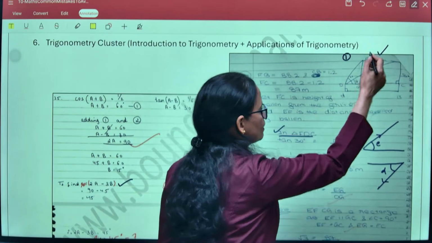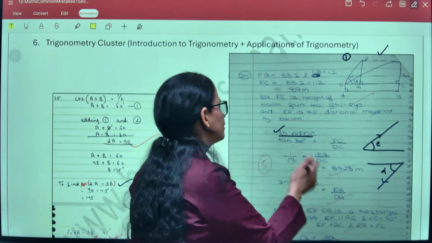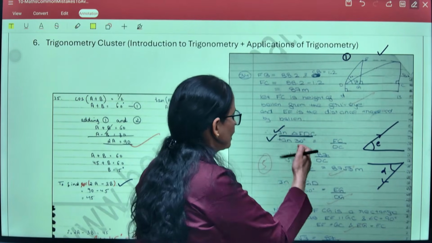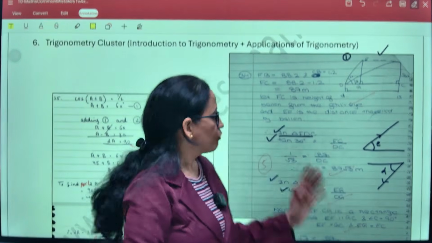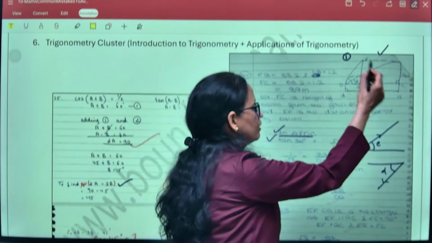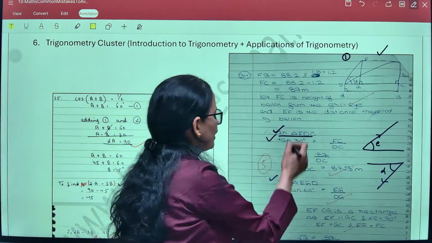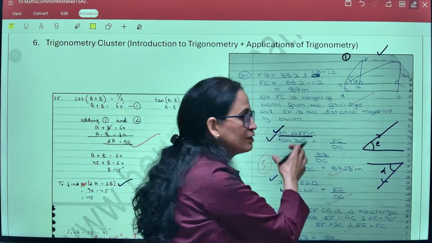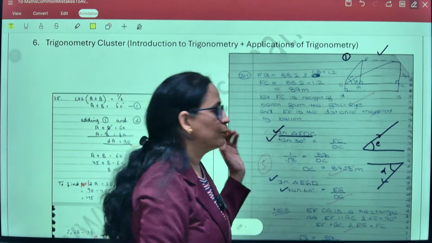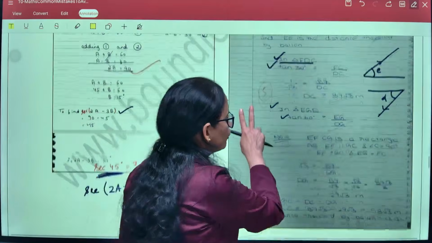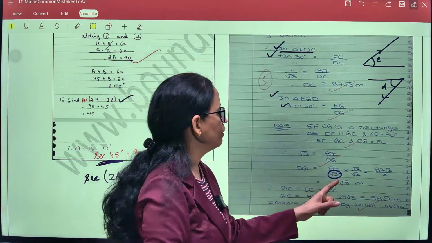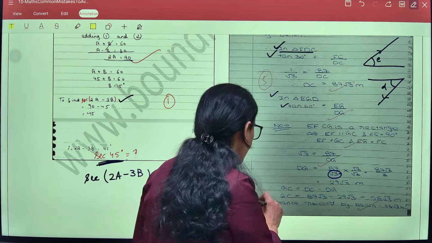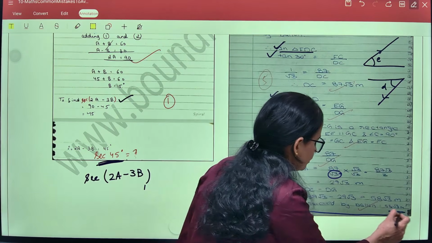Label it A, B, C, D, E, F using alphabets and then write in which triangle you are using tan 30, tan 60 or whatever you are using as per the question. So follow all the steps, draw the figure, label it, mention the triangles, mention what trigonometric ratios you are using, put in correct values, and if your answer has irrational number in the denominator, always rationalize it, write the answer statement with proper units.